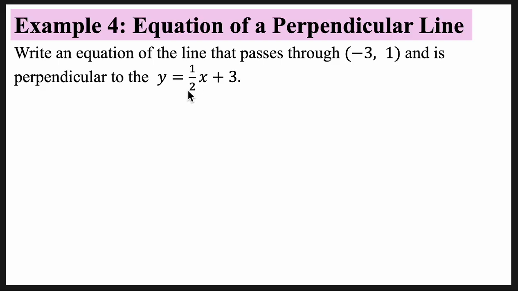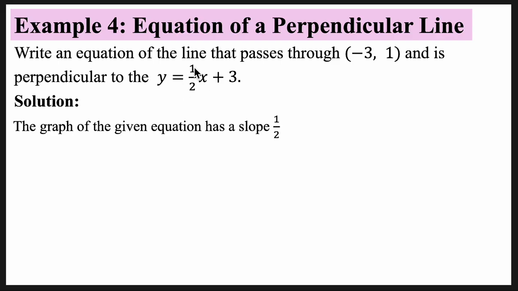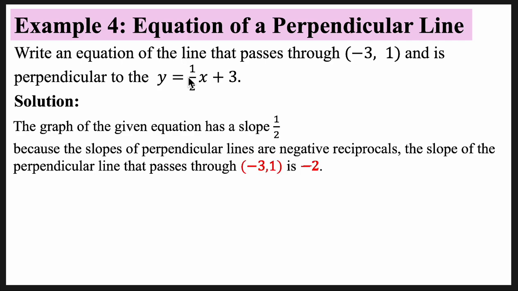So if the slope here is 1/2, the perpendicular slope should be the negative reciprocal of this. Well, the reciprocal of this would be 2/1. And 2/1 is the same thing as 2, but of course the sign should be the opposite. So that means the slope that is perpendicular to the line is going to be -2.